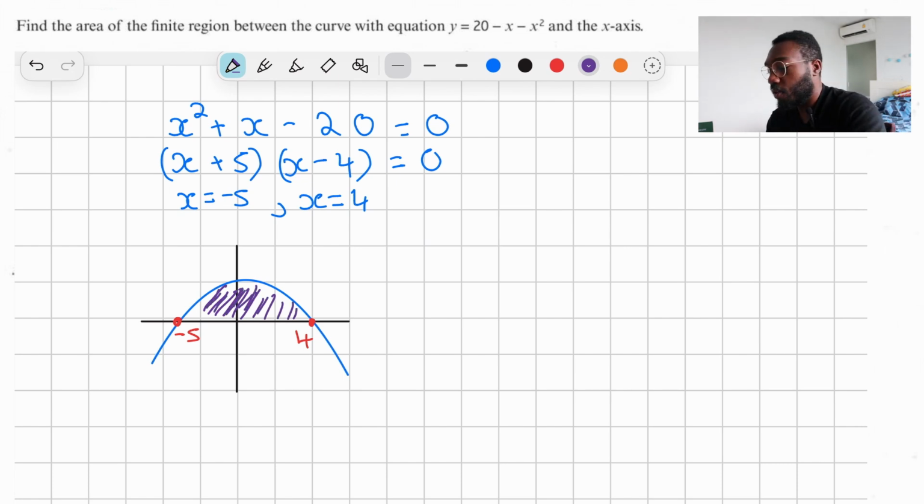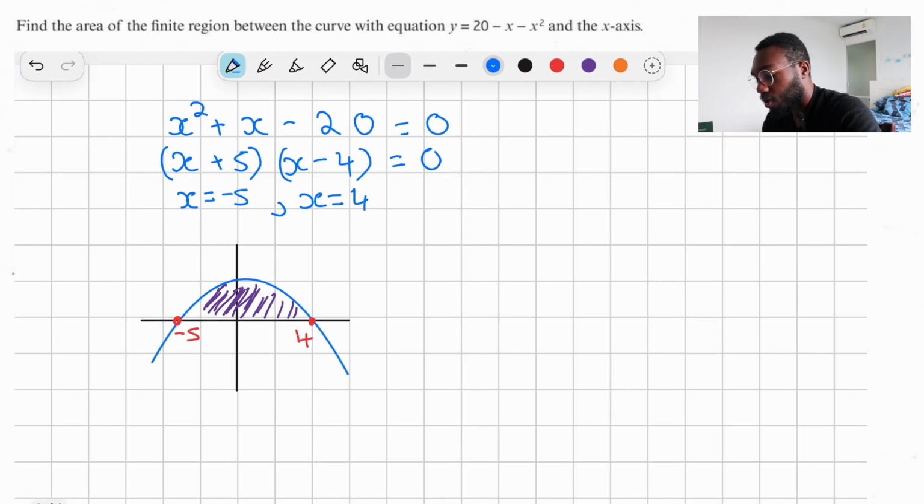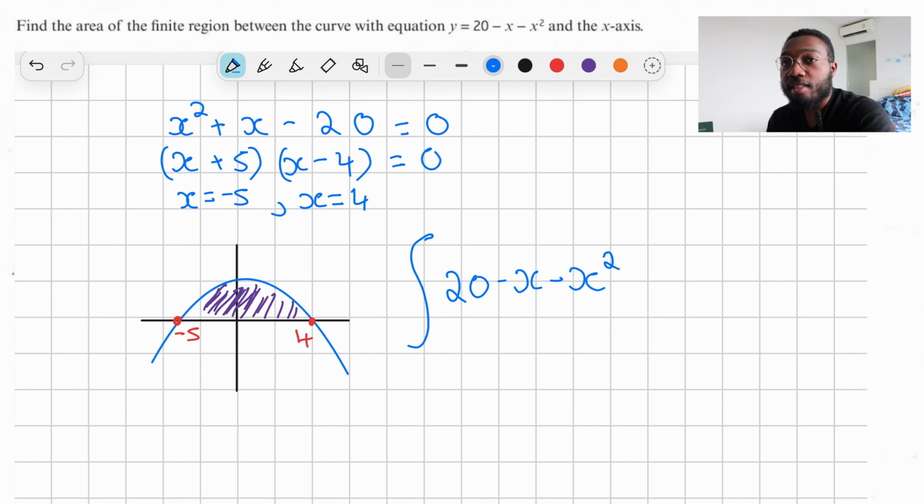So now we can use integration to work that out. So with integration, it would be the integral of 20 minus x squared. And now we have limits. So the limits would be between 4 and minus 5. And that's all we need to do. So now we know that it crosses the x-axis at 4 and minus 5.